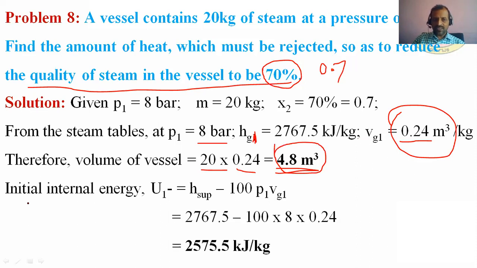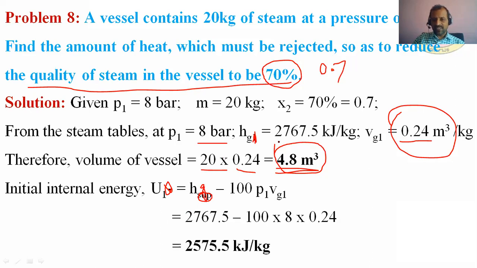Then find out the initial internal energy. So U1 is equal to Hg minus 100 P1 Vg1. You have to take this now and subtract this. It is Hg, it is separated.